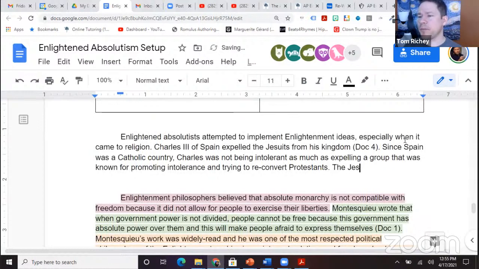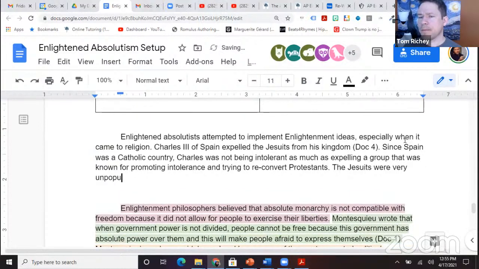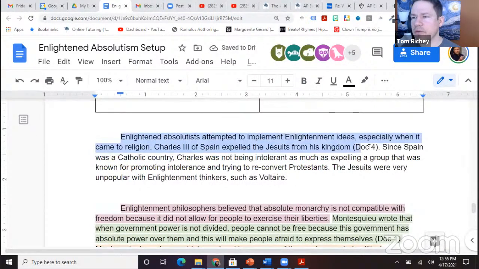The Jesuits were very unpopular with Enlightenment thinkers such as Voltaire.